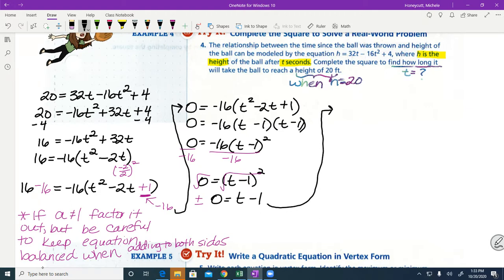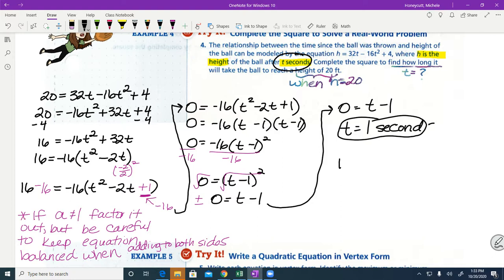So that brings me to the equation 0 equals t minus 1. Add 1 to both sides, t equals 1. And the unit for time is seconds. 1 second. So how long will it take the ball to reach a height of 20 feet? It will take 1 second for the ball to reach 20 feet.